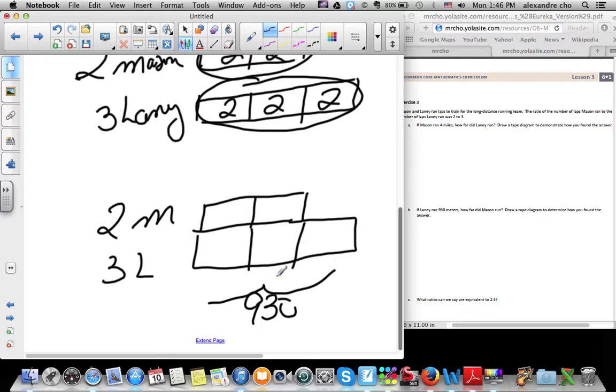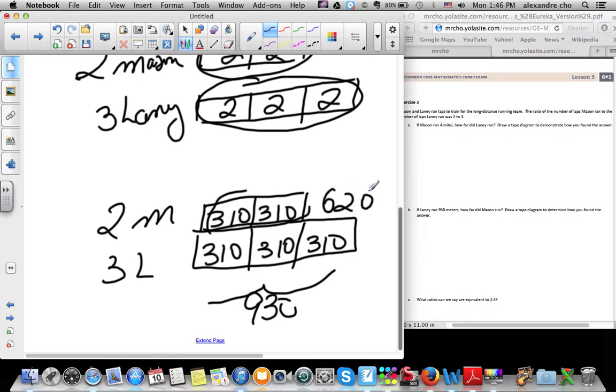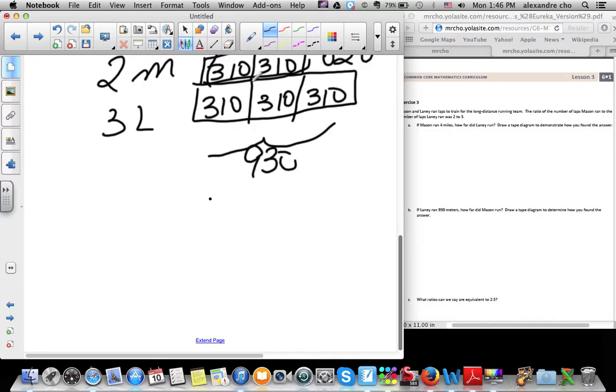So how do I fit 930 in these 3 boxes? 930 divided by 3 means that this is 310, 310, 310, which means the tops are 310. So when Lanny ran 930, Mason here ran 620. Very easy question.